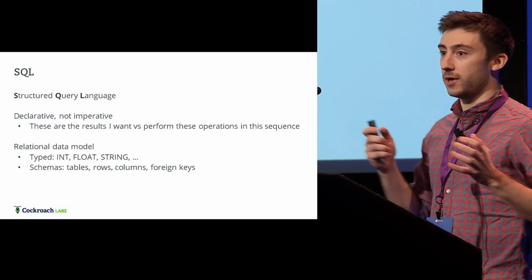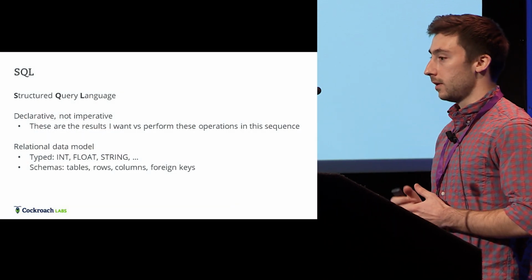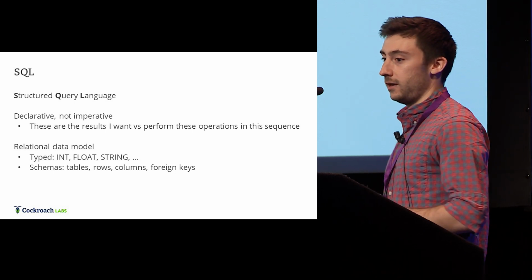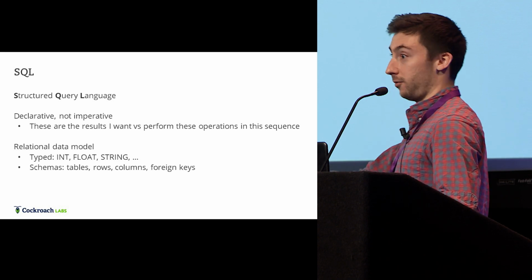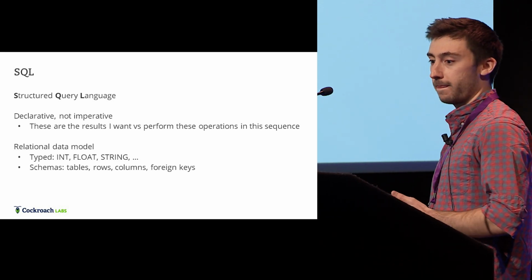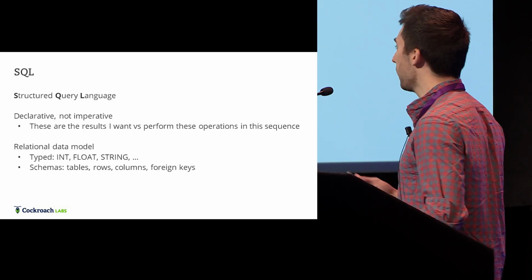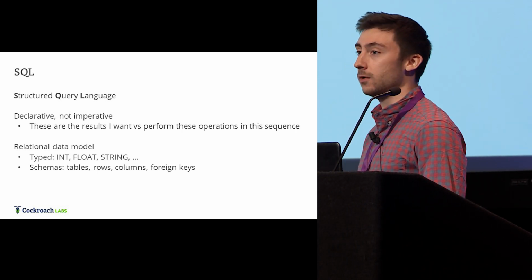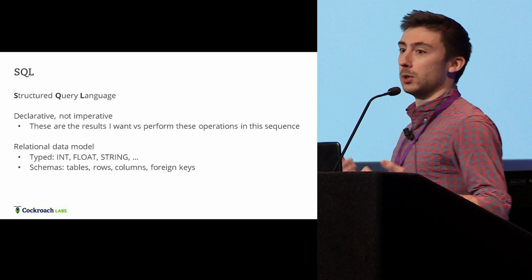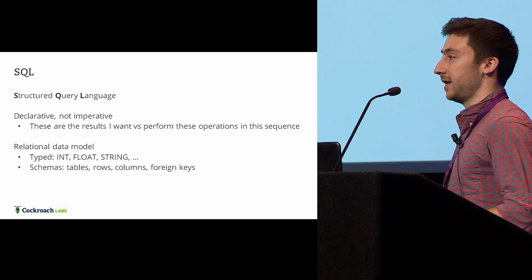So I'm sure most people here are familiar with SQL. SQL is declarative in that you describe the results you want and not the steps for how to return those results. And this is important as it provides a tremendous amount of flexibility within the implementation of SQL. But that is also a large burden for the SQL database implementers.